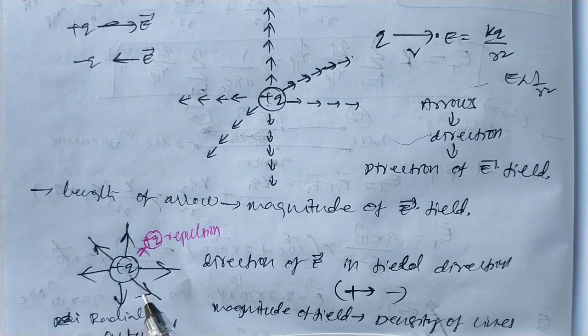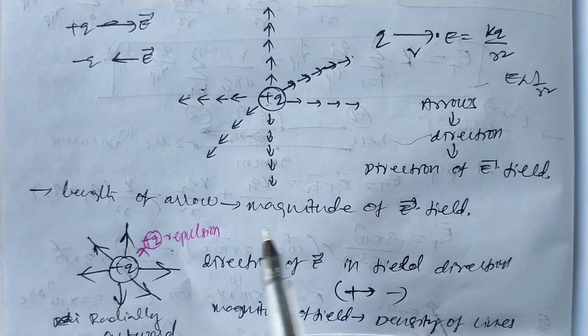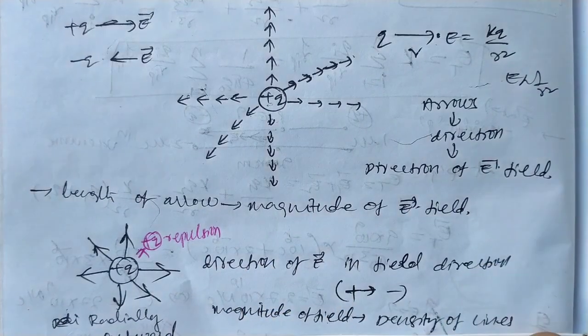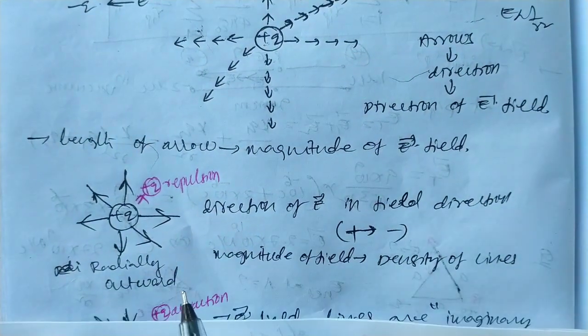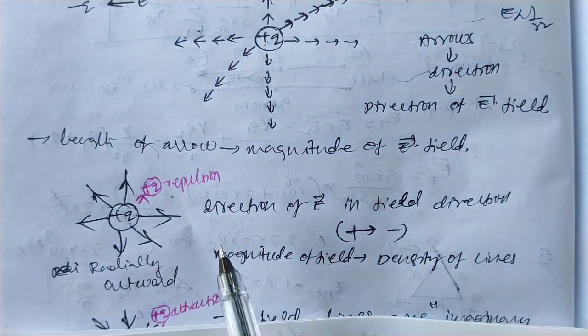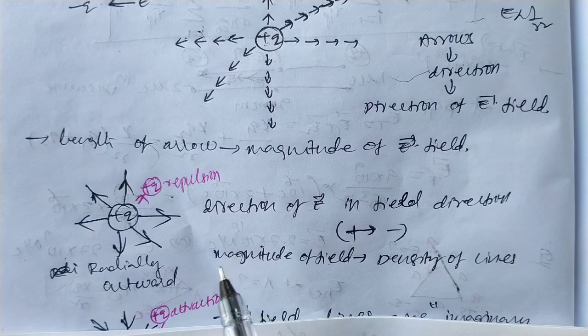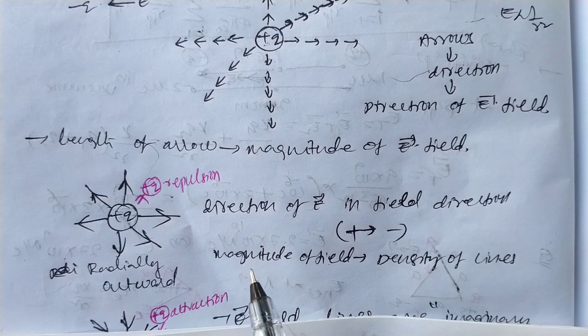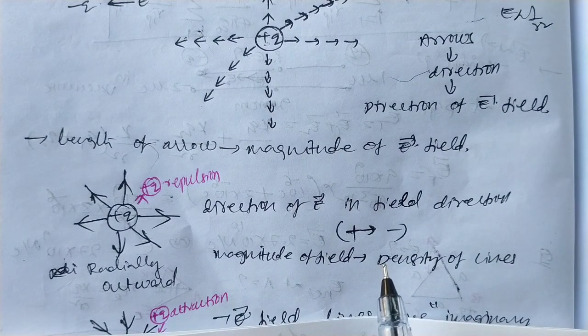For a test charge plus q, it is repulsion, so we get the electric field radially outward. The direction of the electric field gives the direction of the force, and the magnitude of the electric field is nothing but the density of the lines.